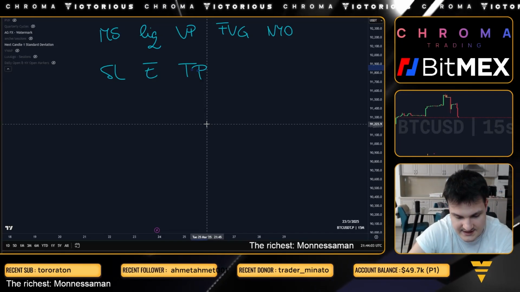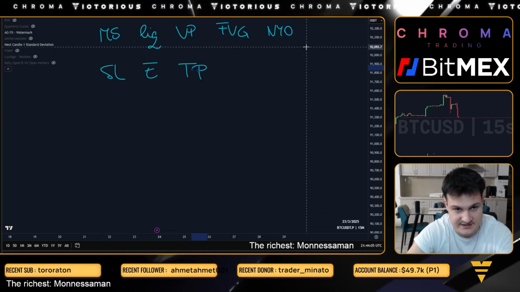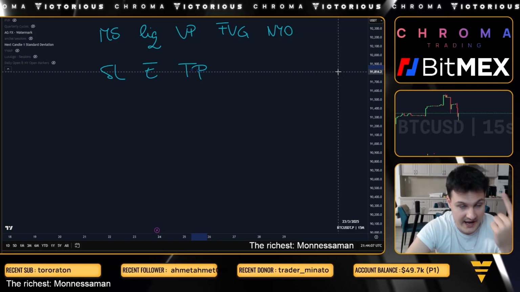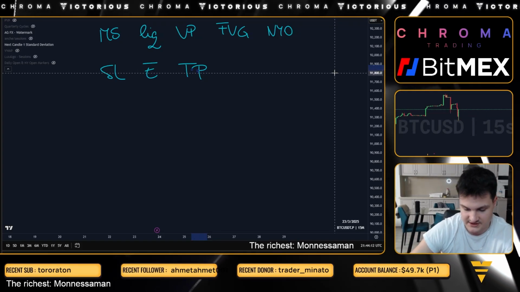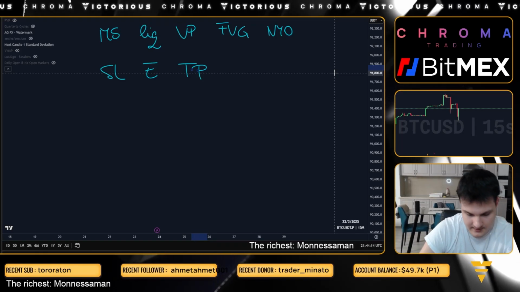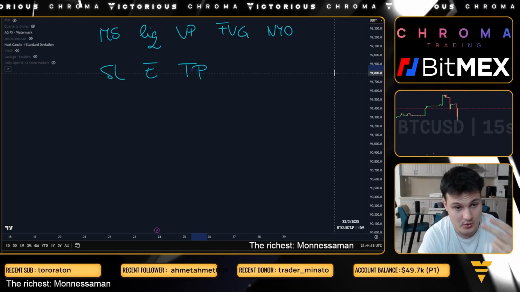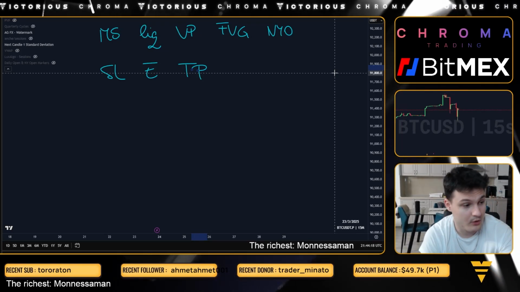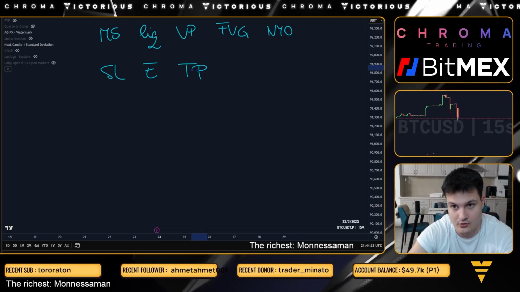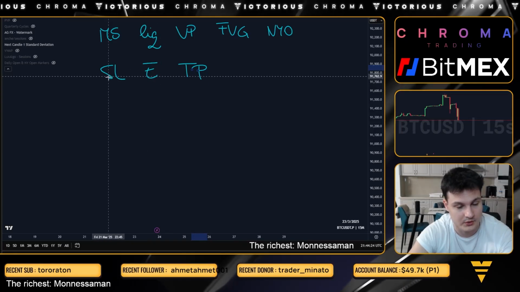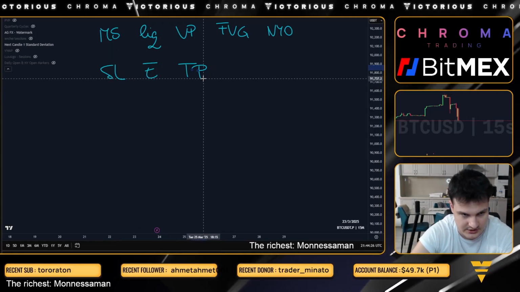Step 2 was trying everything in the checklist and logging your results. Step 3 was narrowing it down to a core of key components, and now we are at step 4, which is deciding where you want to enter, where you want to place your stop loss, and where you want to place your TP.